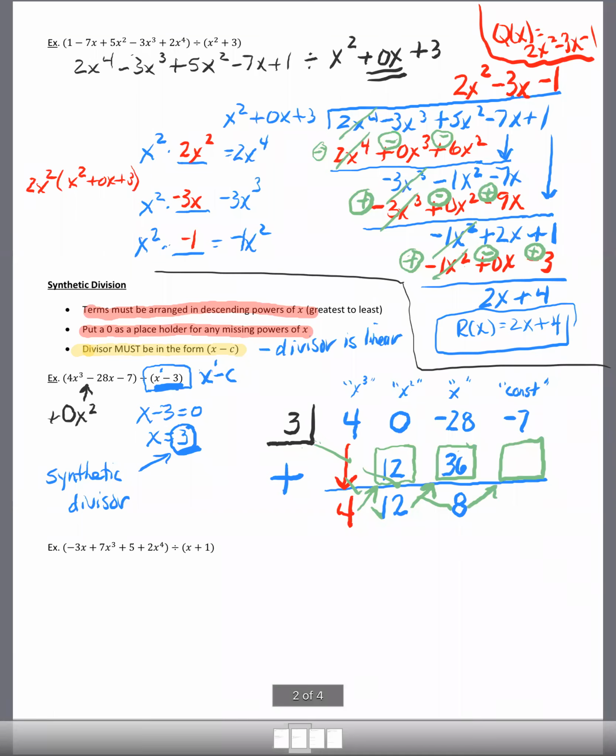And the product of 3 times 8 happens to be 24. Now we're going to add negative 7 and 24 together. That's our last column, so this is the last piece of work we need to do. And we do get the value of 17.